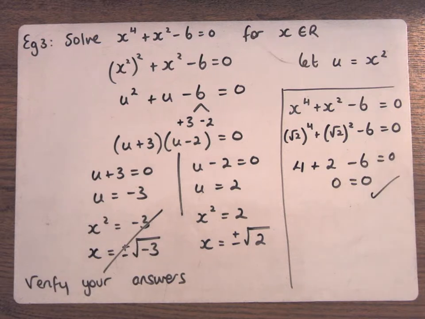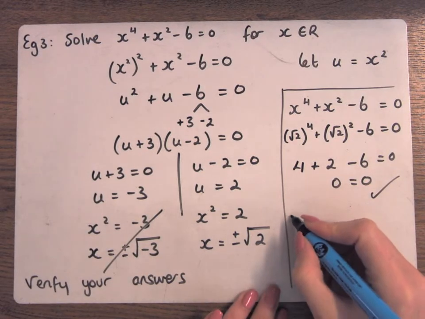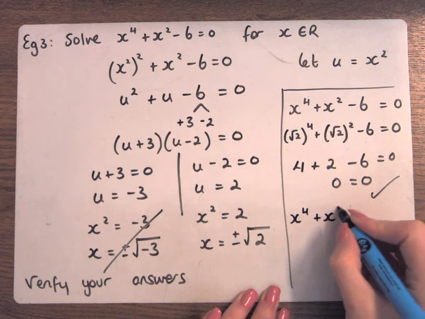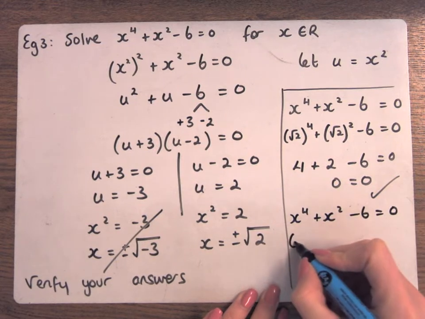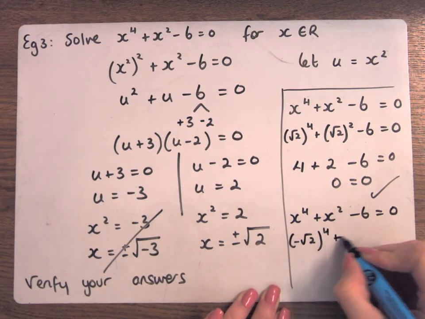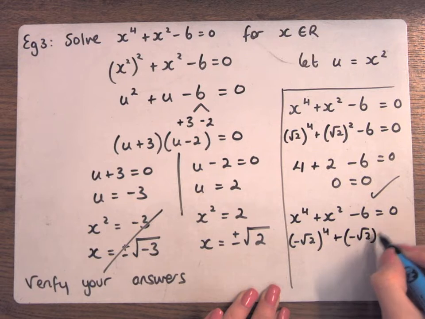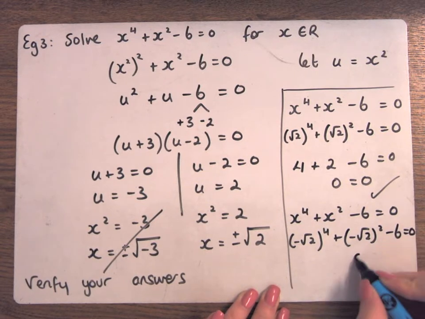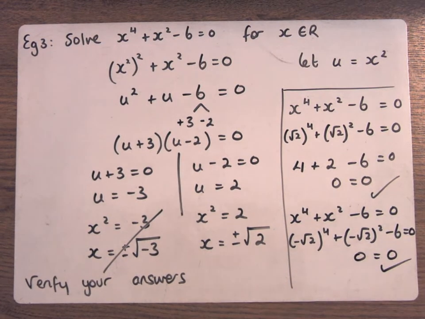And then you check with the minus root 2. And you get the same thing. 0 equals 0. So that's a solution.